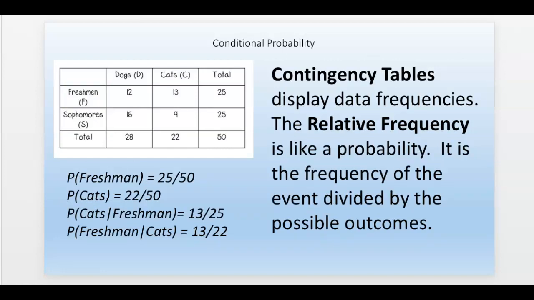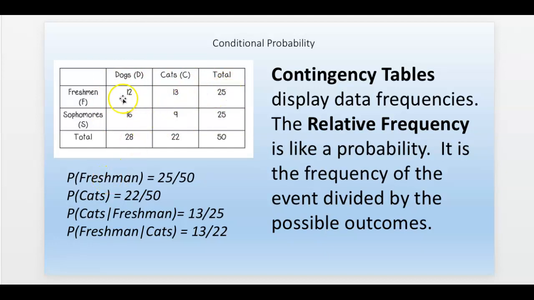Today we're going to look at contingency tables. It displays data frequencies. All right, the relative frequency of something happening, it's like a probability. It's the frequency of the event divided by all the possible outcomes. As an example here, what's the probability that if we select one student at random, we get a freshman?